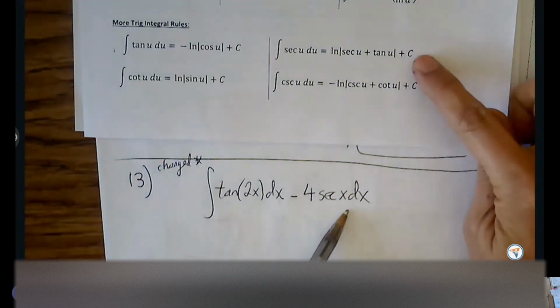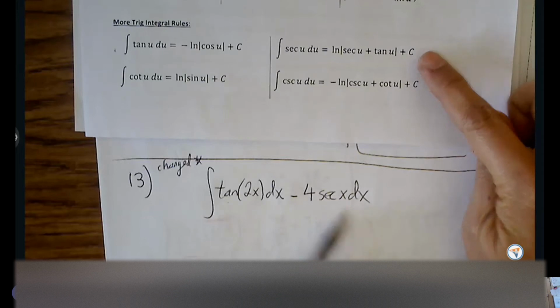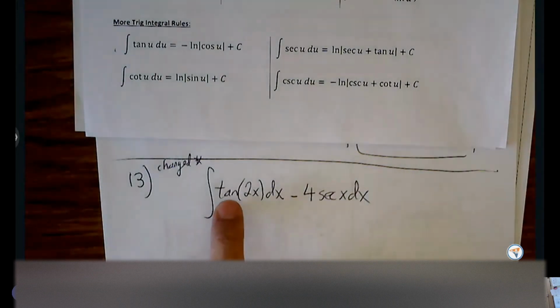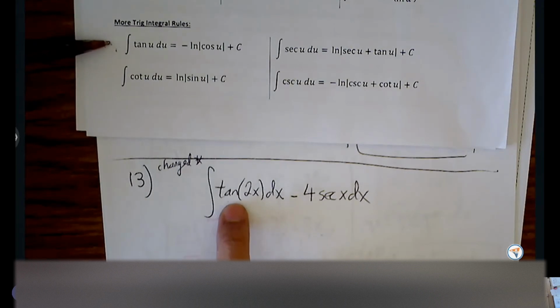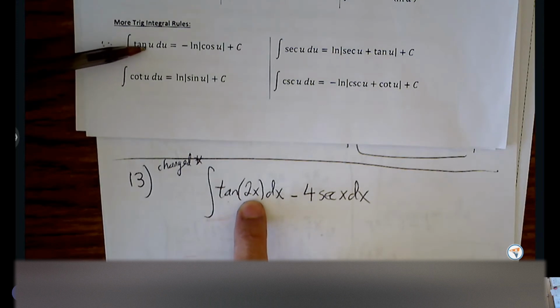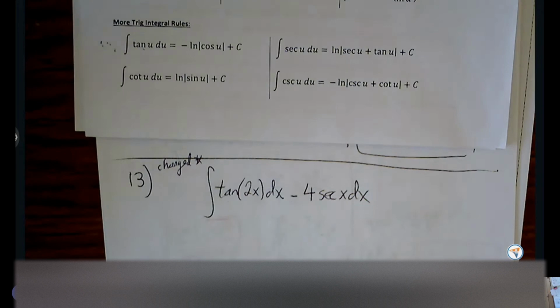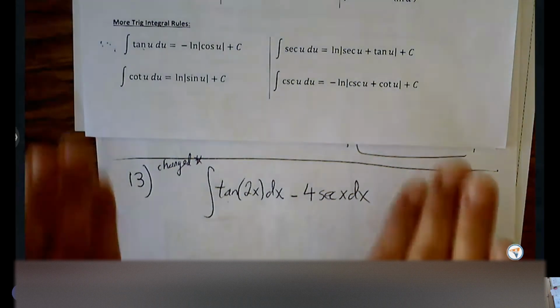This is going to be pretty straightforward. But this, we got to do a little bit of what? Not rearranging, just we have something that sticks out more than just x, right? Yeah, so we got to go through a little bit of u substitution, okay, just a little bit. But essentially, the rules are already there.